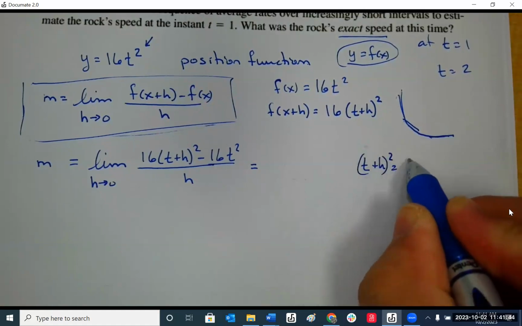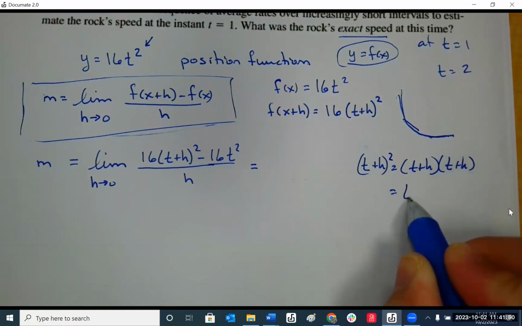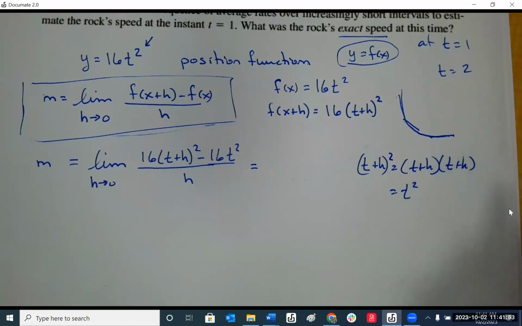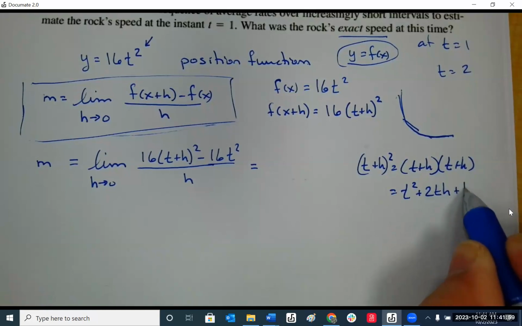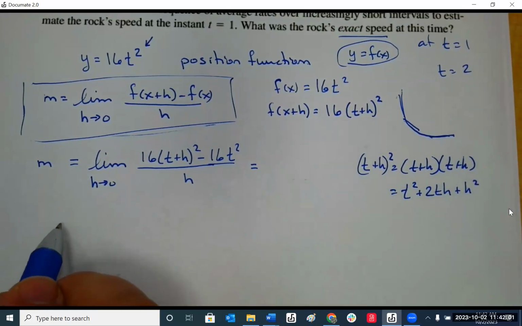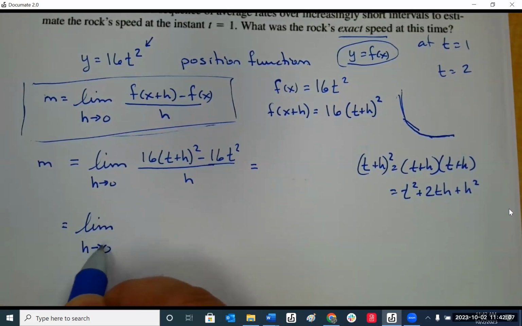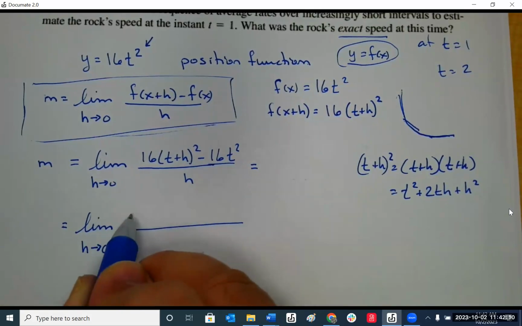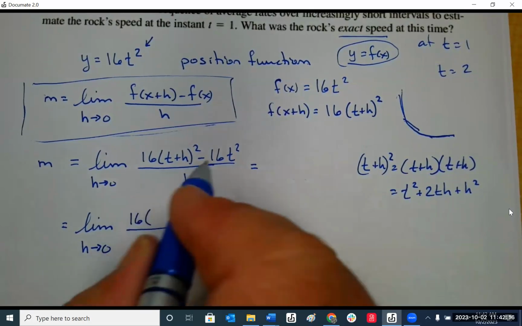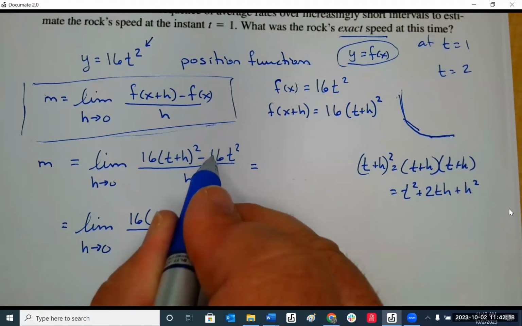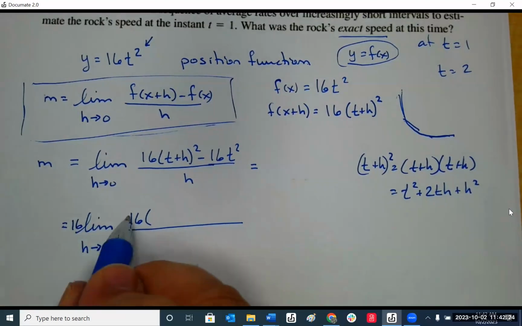Multiply. Yeah, we have to do (t plus h) times (t plus h). Very good. Since they both have 16, we could have factored that out. We could put 16 out in front and not worry about the 16.